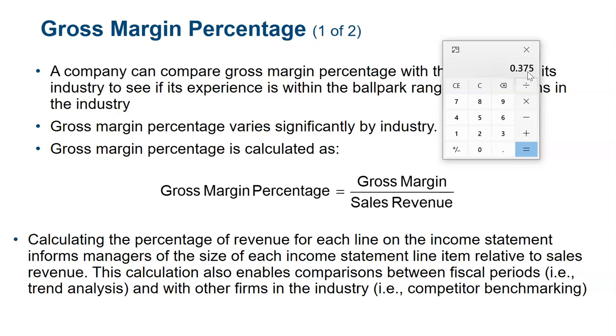Well, that means we didn't have to sell nearly as many pairs of jeans to come up with that gross margin as we did to come up with the $297,000 that we had for our example. I'm making up the 290. Okay, stick with me.